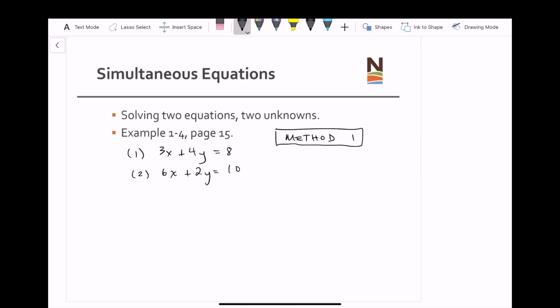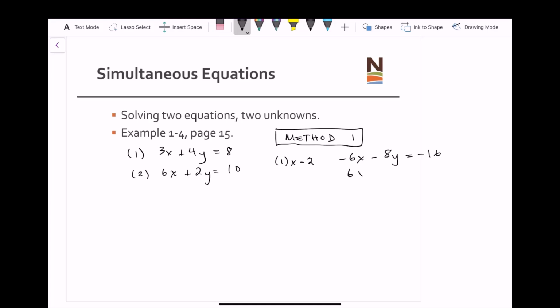In method 1, what we're going to do is try to simplify or subtract out one of the unknowns. So if we take equation 1 and multiply that by -2, we get -6x minus 8y equal to -16.